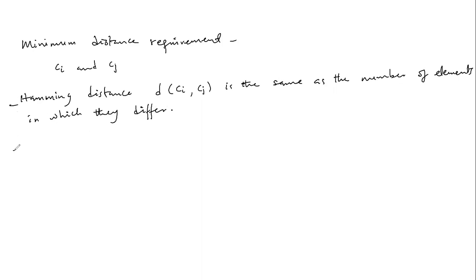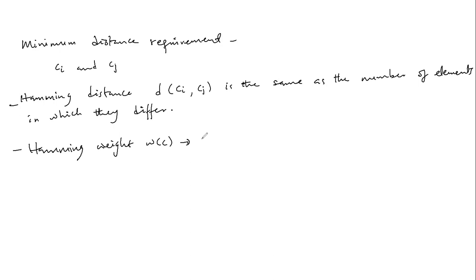And then the Hamming weight w(C) of the code vector is the number of non-zero elements in the transmitted code vector.